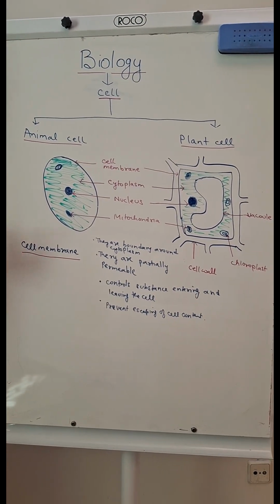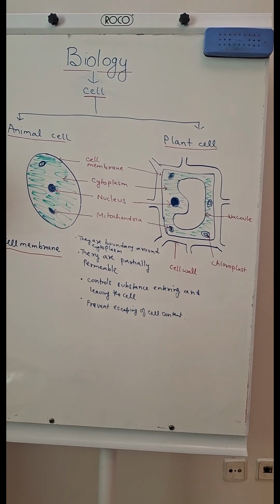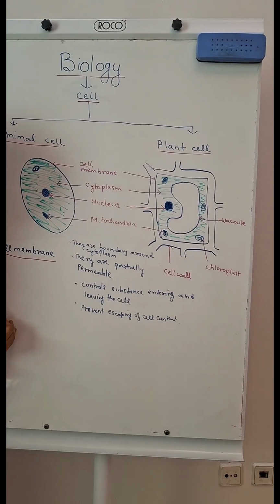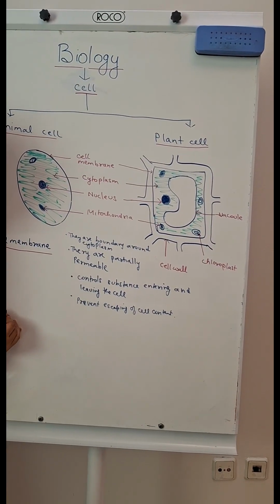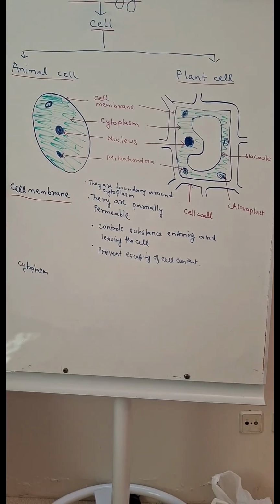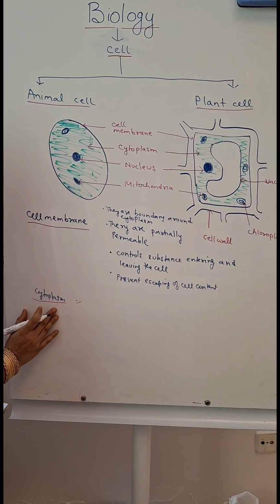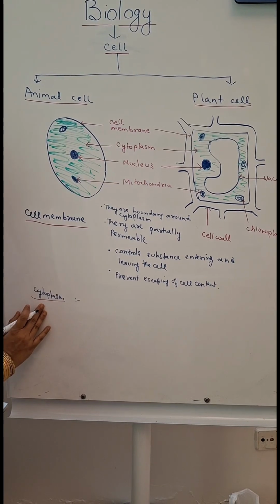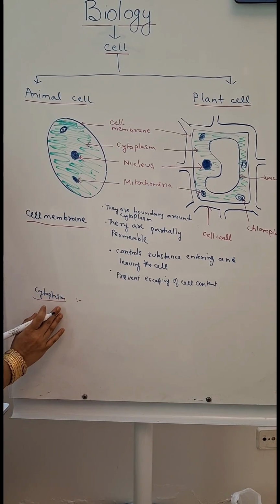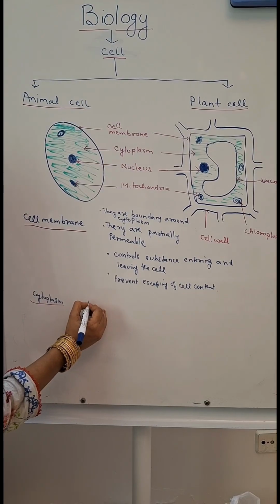Similarly, now we will understand certain things about the cytoplasm. The second cell structure that we are going to discuss is the cytoplasm. As I said in the beginning, the cytoplasm is a fluid. It is jelly-like.